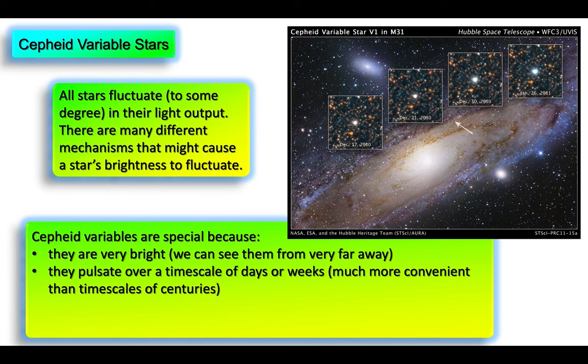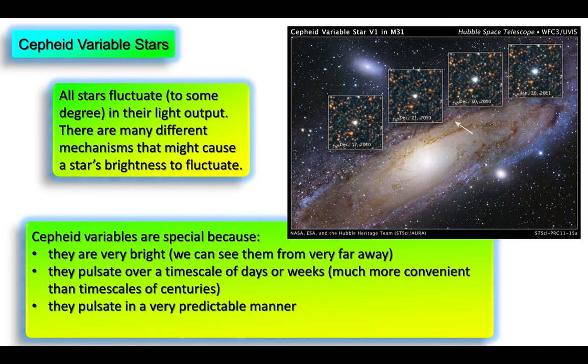Well, this is not very useful because the time scale over which that star fluctuates in its light output is much longer than a human lifetime. So if I'm an astronomer, I would not be able to really do much useful science with that period of fluctuation. But an object that pulsates over a matter of days or weeks or months, this is something I could measure, and by tracking the brightness, the light output by that star, I could actually get some good data from that.